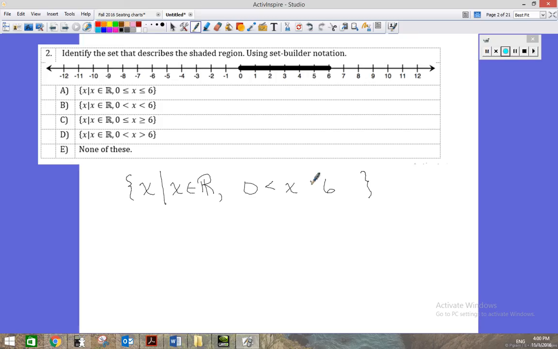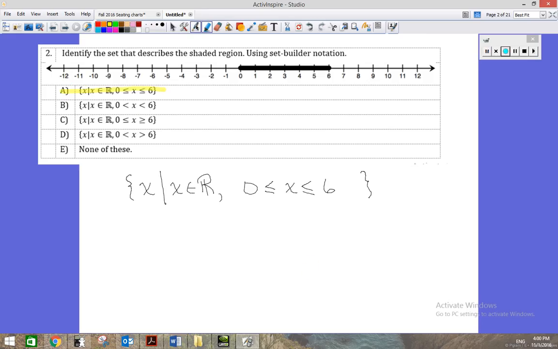My arrows always point together, and they always point to the smaller value. When it's a solid point, when you're including the endpoints, it has to be less than or equal to. That underlining is the equality, and that's necessary for this. So that's what I'm looking for in this problem, and I see it right there in choice A.